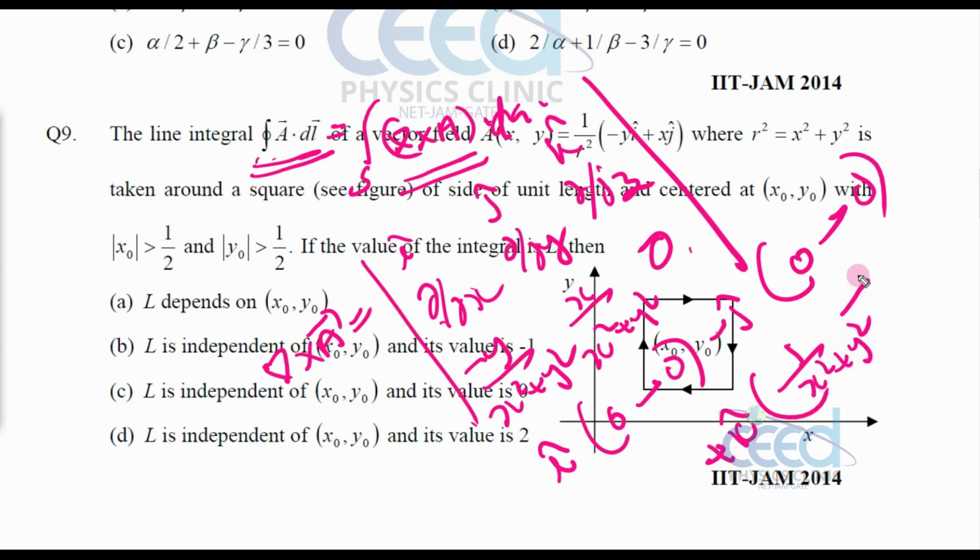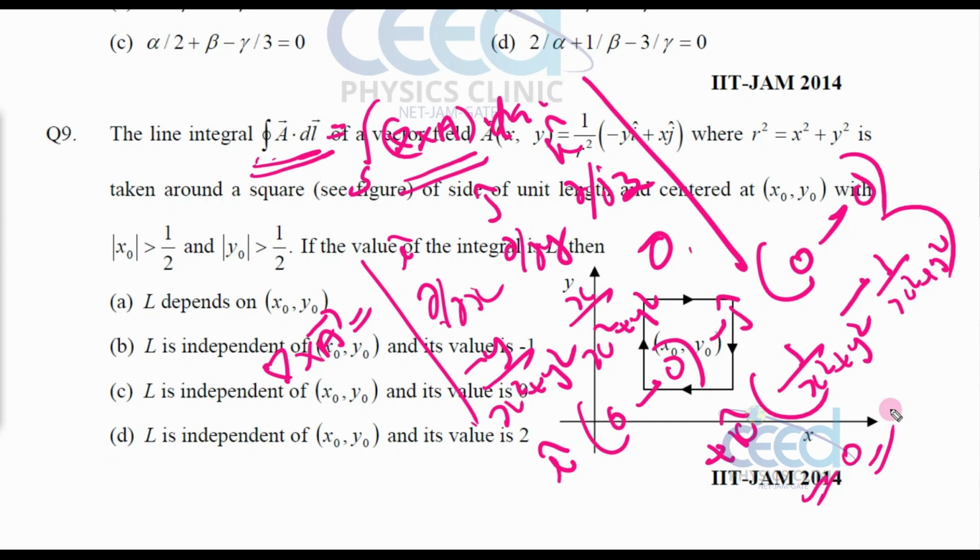Minus, minus of this again, right? Dou by dou y of minus y by, so that also again 1 by x square plus y square, all right? So what is its value? Dou by dou y, so this will be 0, right? Entire value is 0, all right?